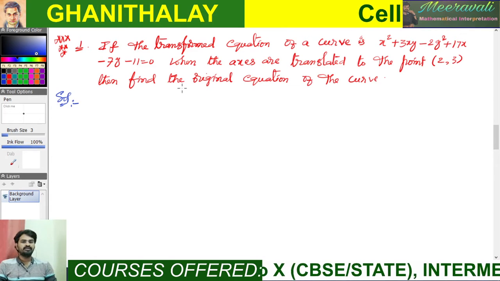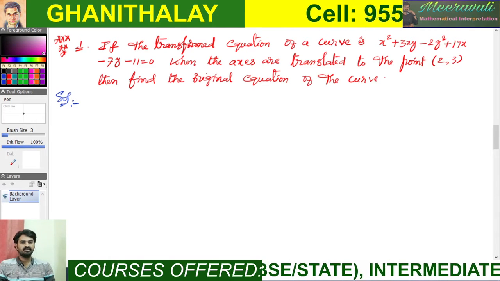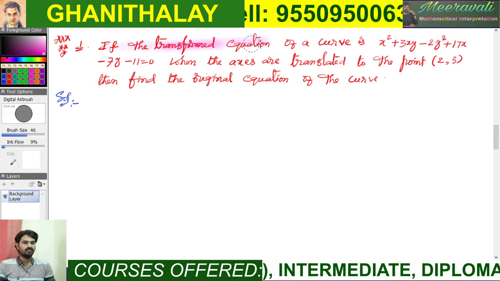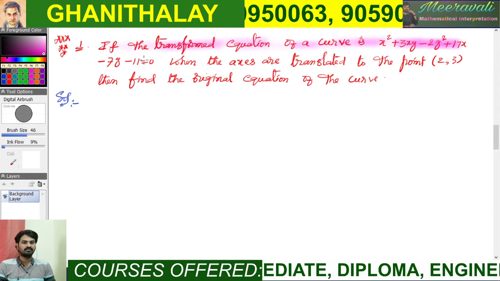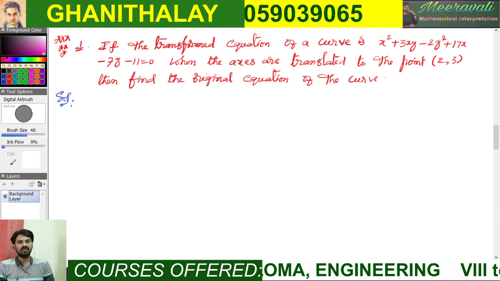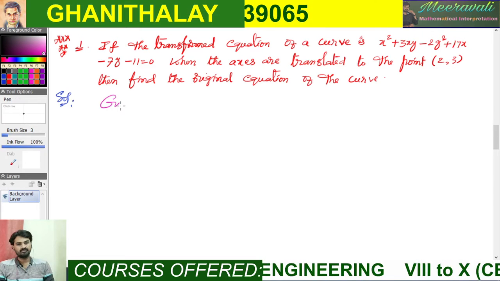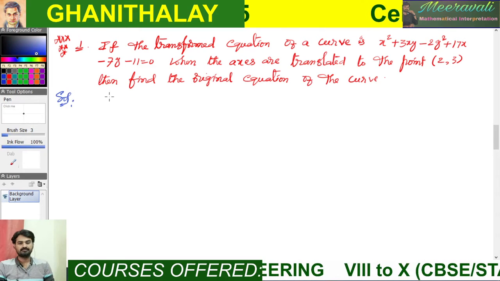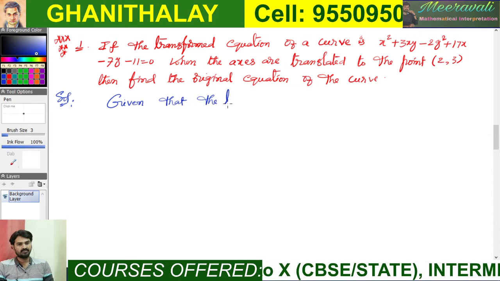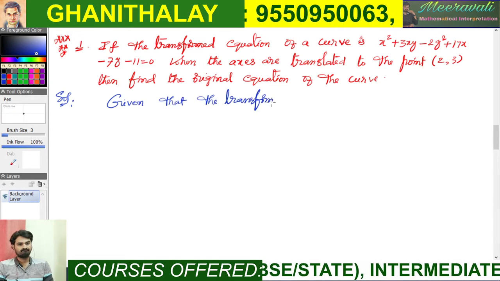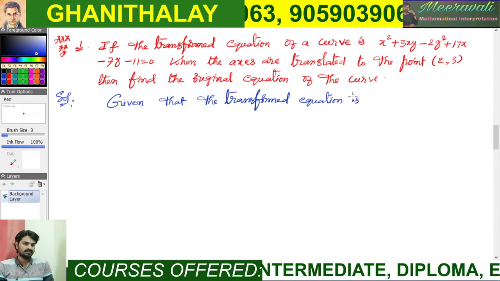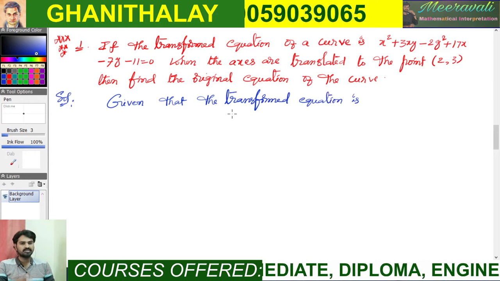If the transformed equation of a curve is given, first we need to take the given transformed equation of the curve. Transformed equation means the new system equation.